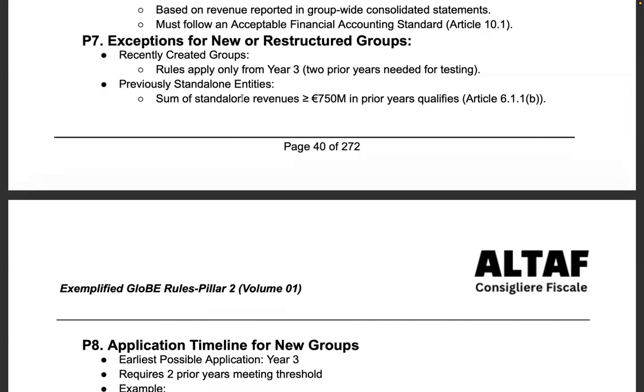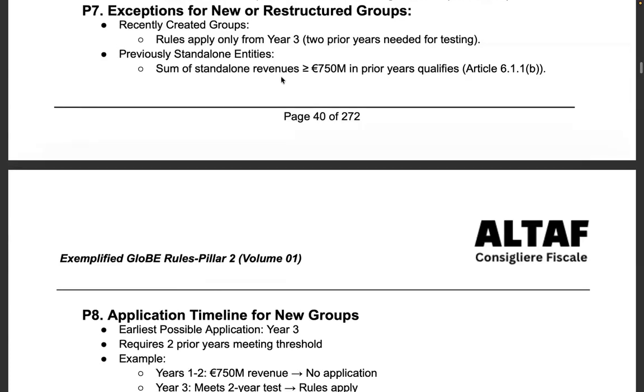Previously standalone entities, sum of standalone revenues should be equal to or greater than 750 million euros in prior years. If you really think about it, what we are saying is it's a kind of deemed consolidation, or you're doing consolidation post facto, meaning previously these entities were standalone entities.